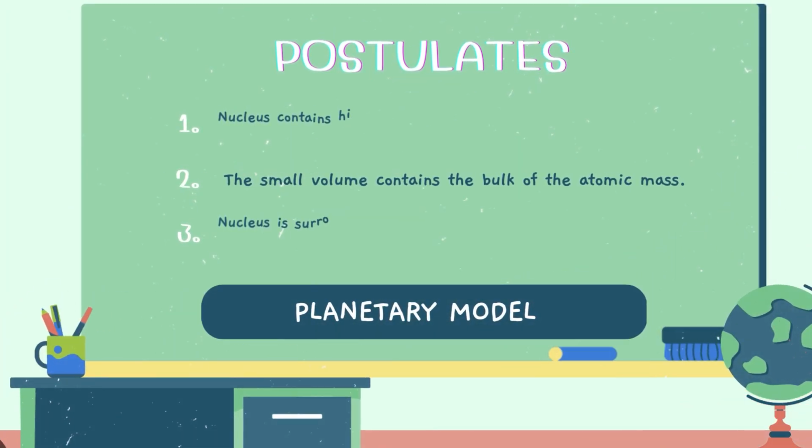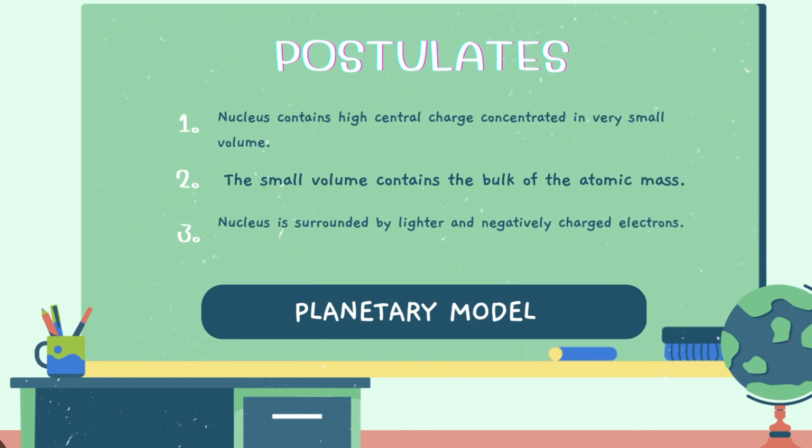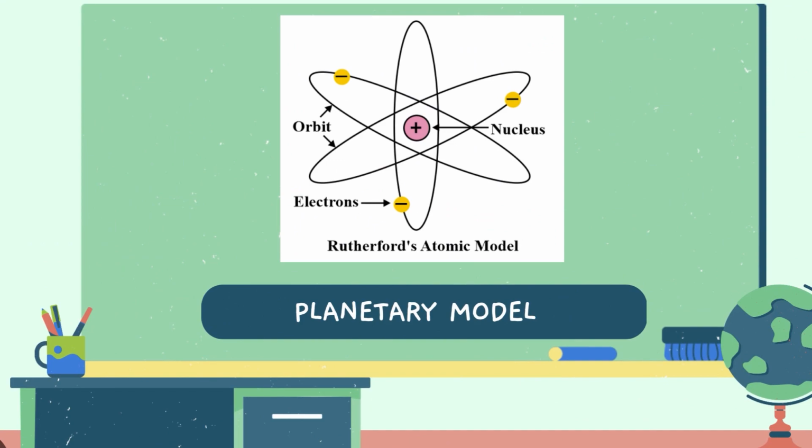So they postulated that the nucleus contains a high central charge concentrated in a very small volume. The small volume contains the bulk of the atomic mass, and the nucleus is surrounded by lighter, negatively charged electrons. And this is the result of their experiment, the planetary model of an atom.